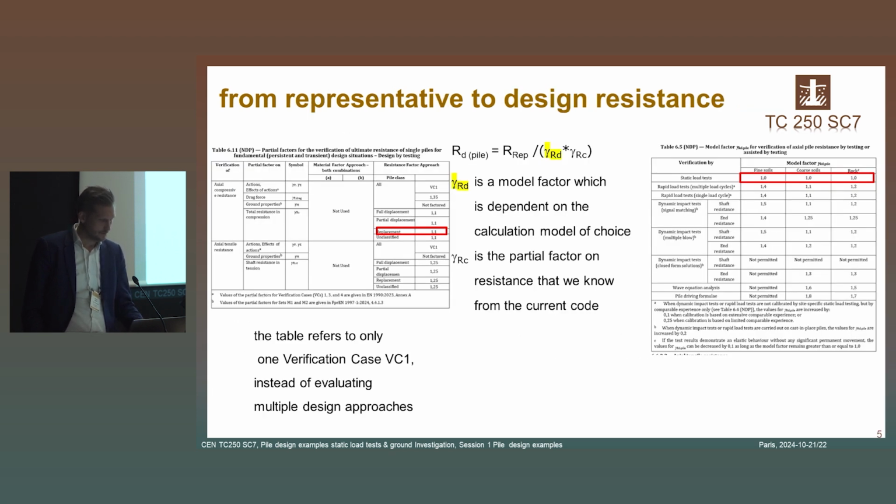If we look at the model factor and the partial safety factor, we see that the partial safety factor on replacement piles, as on all types of piles for load testing, is 1.1. There's not so much variation in this partial safety factor because you take out all uncertainty by testing this pile.